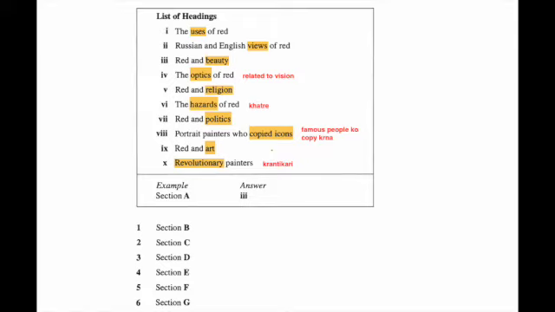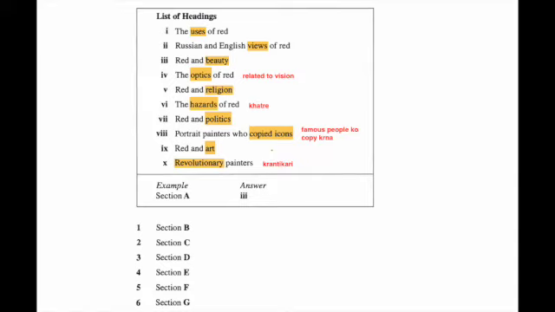Portrait painters who copied icons. So here, portrait painters. Portrait is basically a painter who likes to paint the faces of people. So focuses on little details. That's a portrait. And then who copied icons. So here they are going to talk about painters who have copied icons.